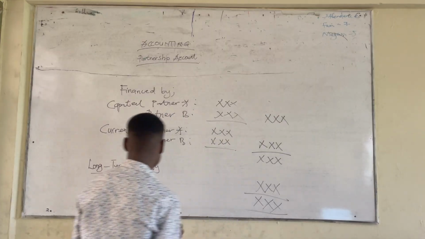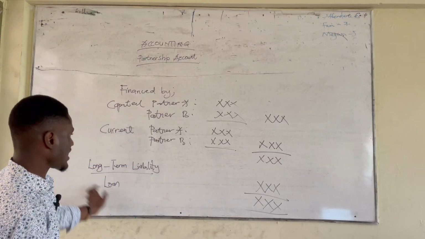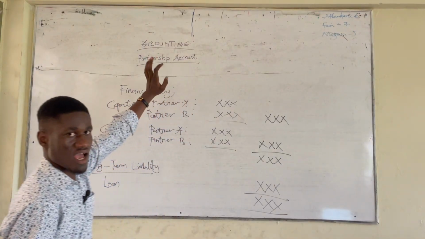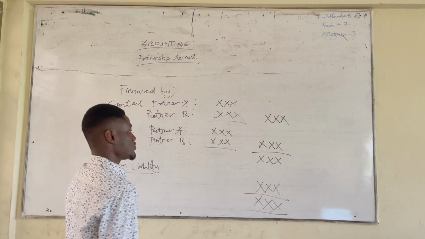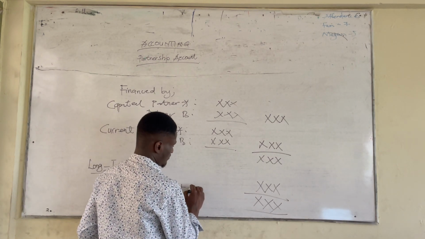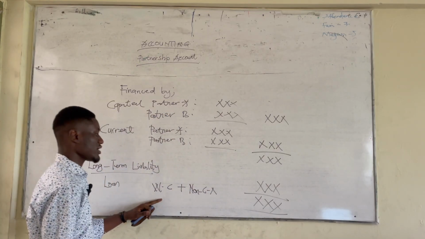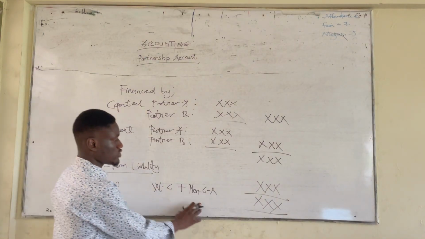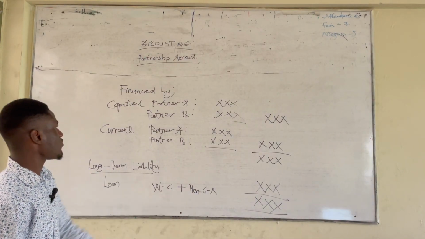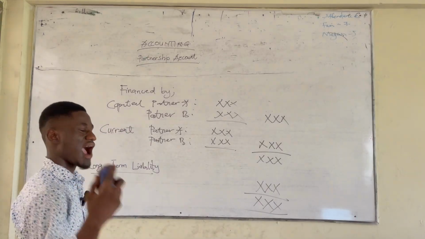So at the end of preparing this finance by, you should get an amount that will be the same as the net asset. You get it? And the net asset we know is working capital plus non-current assets. Okay? So the working capital plus the non-current assets should be equal to the owner's equity. Good. So this is all for the statement of financial position for partnership account.